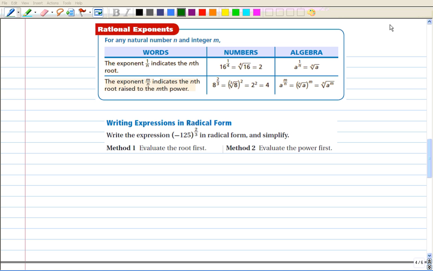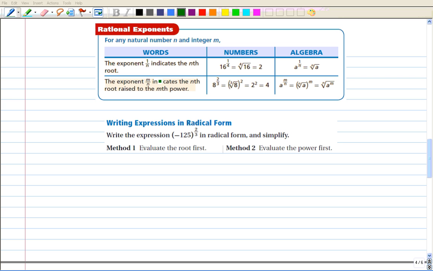For any natural number n and integer m, the exponent 1 over n indicates the nth root. So for example, if we have 16 to the 1 over 4 power, that means we can rewrite this as a radical, the 4th root of 16, and then we can evaluate that to be equal to 2. So in general, a to the 1 over n power is equal to the nth root of a.